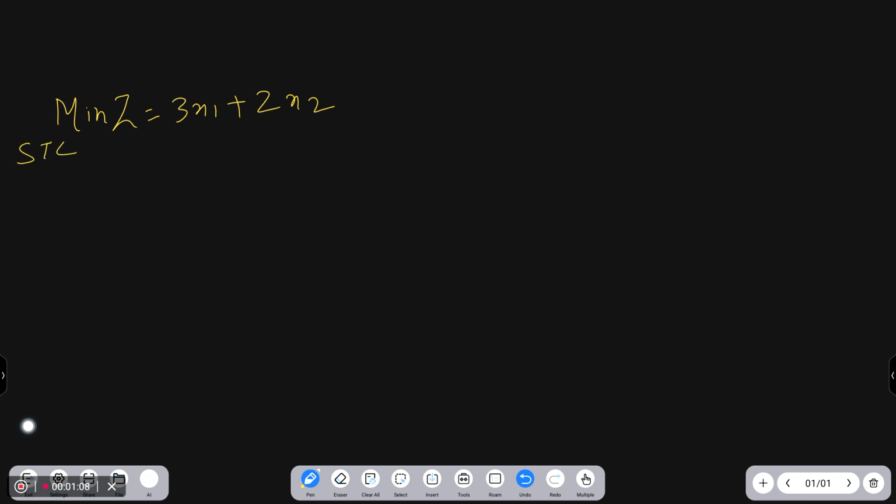My first constraint is 5x1 plus x2 greater than or equal to 10.